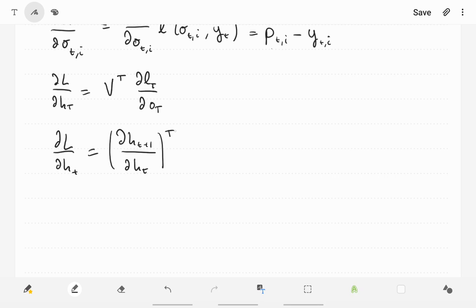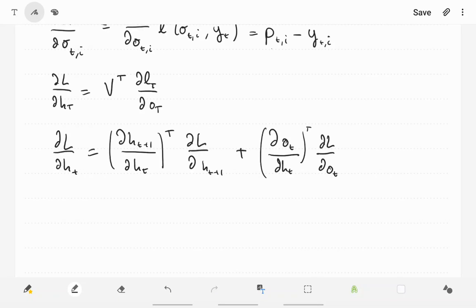Then we have to take, of course, the inner product of that with the partial of L over partial of h sub t plus 1. And then we also have plus the partial. Now we also have our output at time t. That's also a function of h sub t. And we have this transpose times our partial L over partial O sub t.